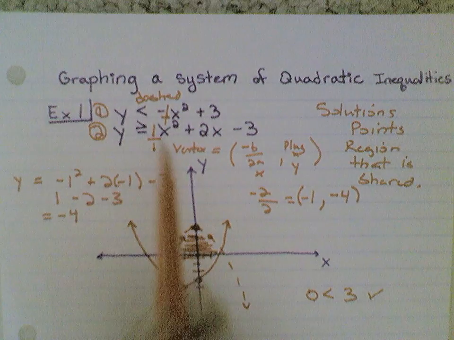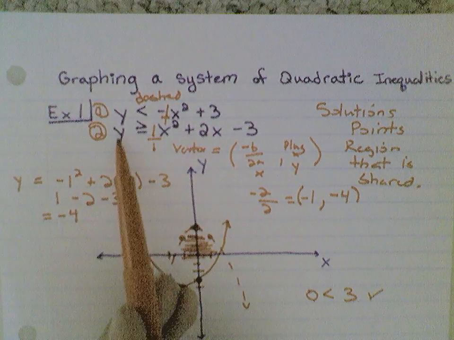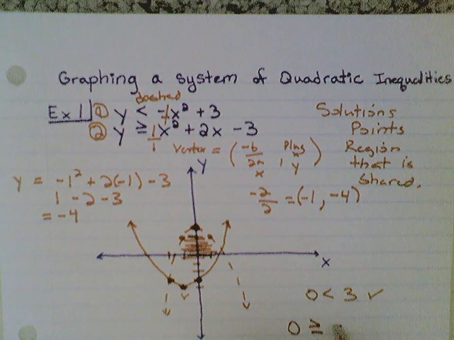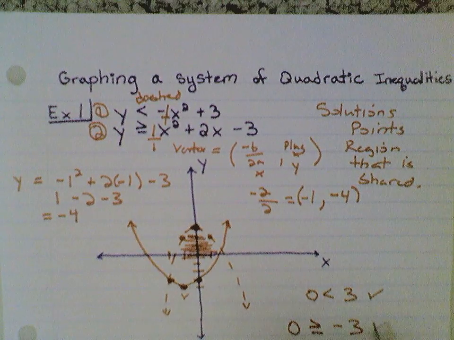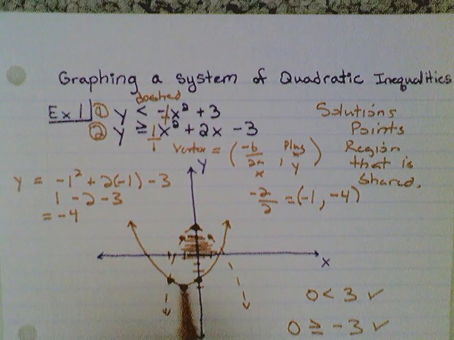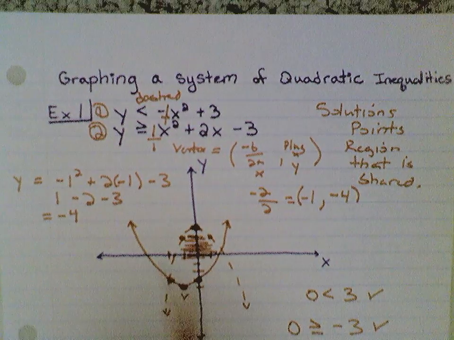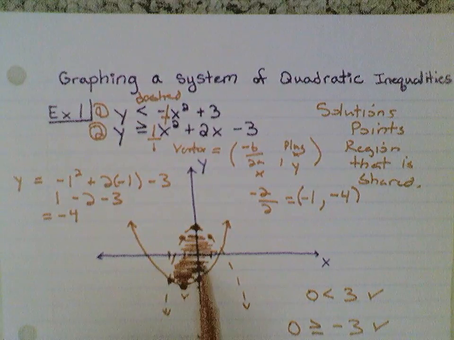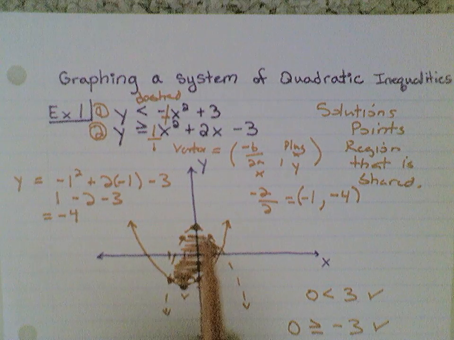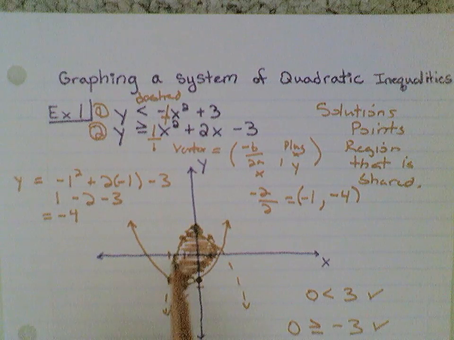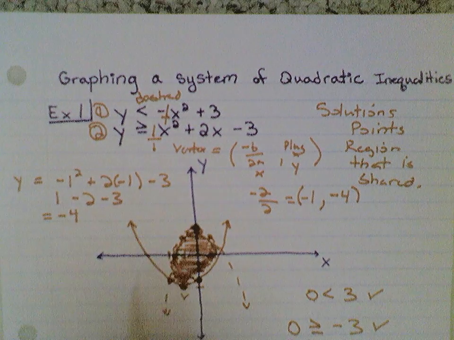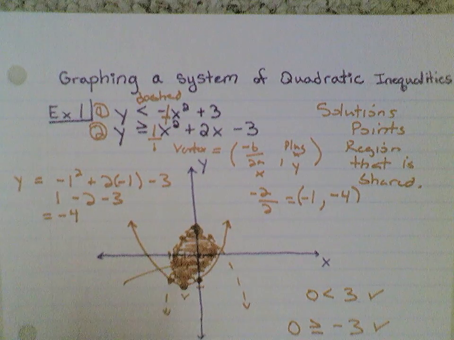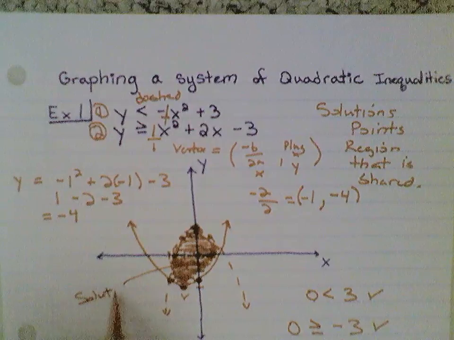Then if I plug 0 in for my second equation, I'll get 0 is greater than or equal to -3, which is also a true statement. So all my solutions must be above the second line, so I can shade in the region above this second line. You'll notice that I'm shading in the region that they have in common, and it's the inside, so my solutions will be on the inside of those two functions.